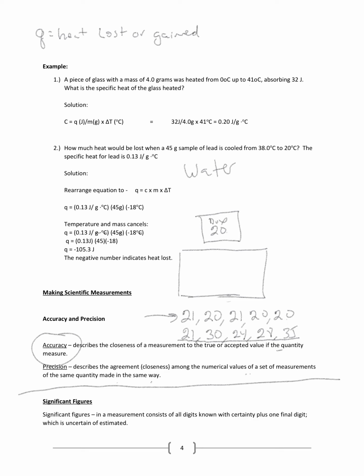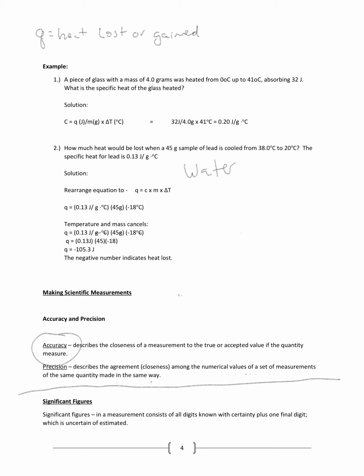Oftentimes, we'll use a bullseye to represent accuracy and precision. If you took chemistry and they talked about it in high school, you probably were shown a bullseye. Okay, and so if I drew a bullseye, let's say it's like this.